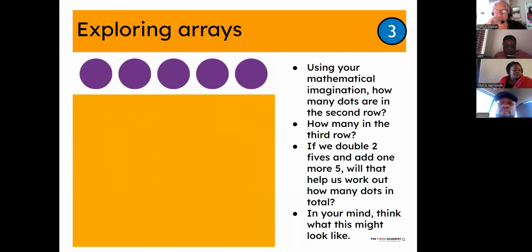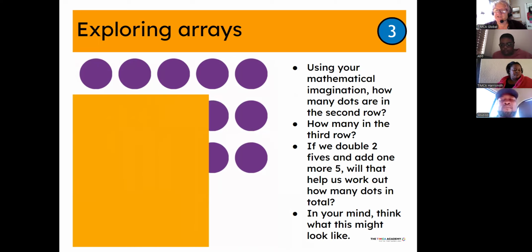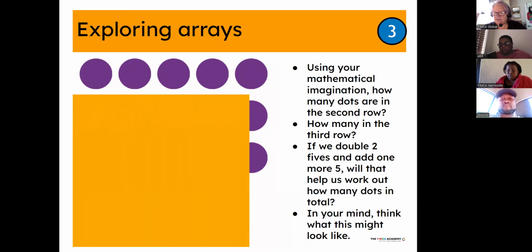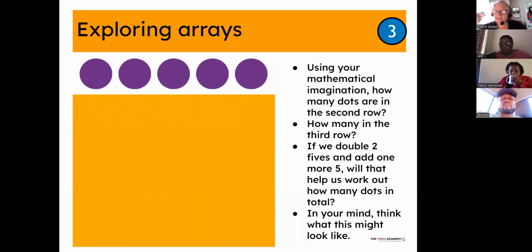Now we're starting to introduce one way of thinking about it. If we double 2 5s, think about what that looks like, and add 1 more 5, will that help us work out how many dots in total?